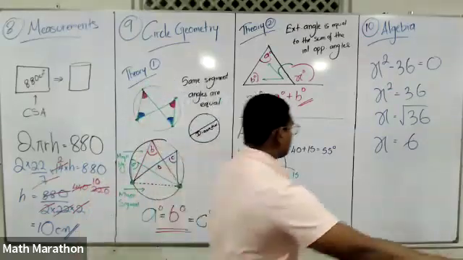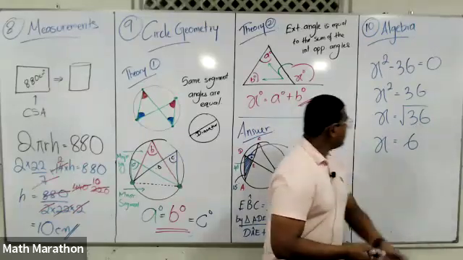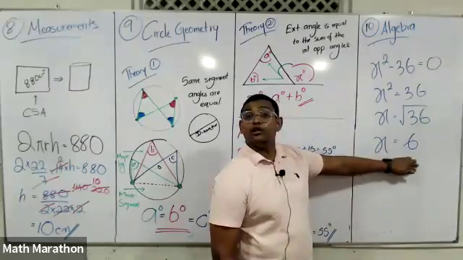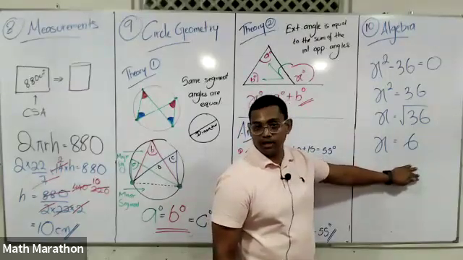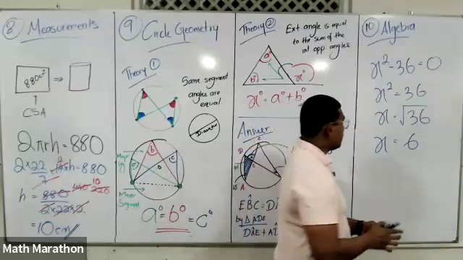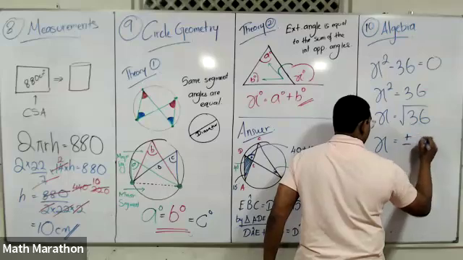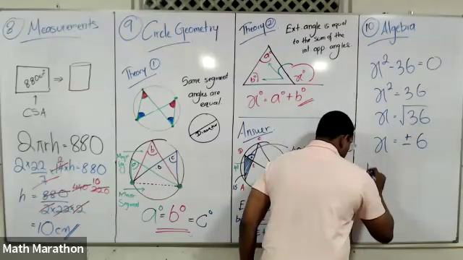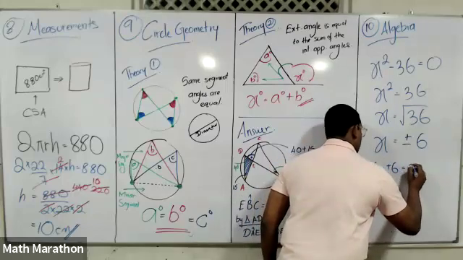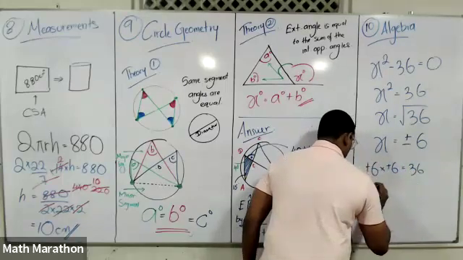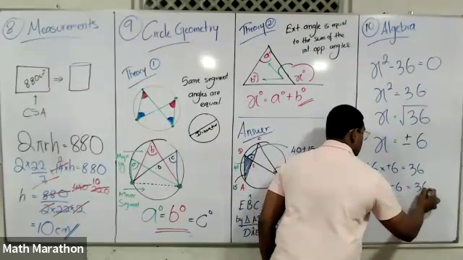For root 36, if you put only 6, you will get only half of the mark. You won't get the full mark because you have to put plus or minus 6. Because plus 6 squared is 36, and minus 6 into minus 6 is also 36.